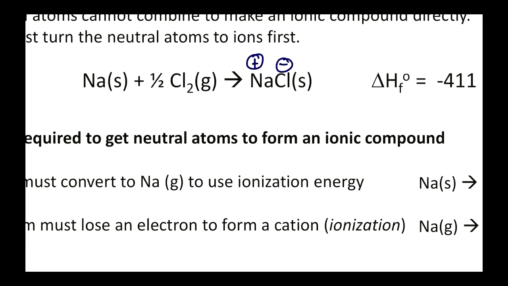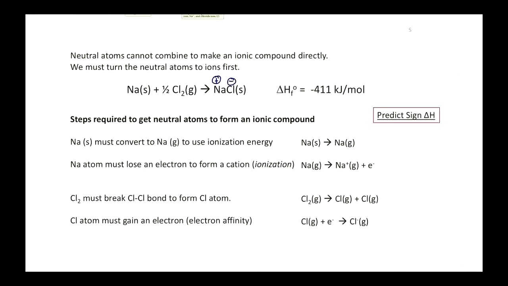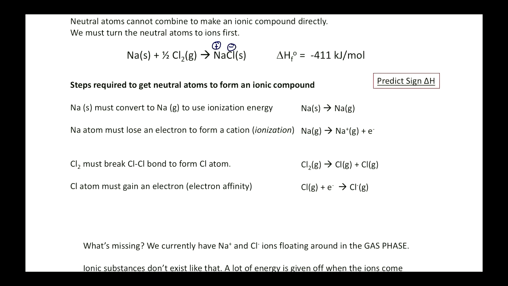We need to turn that neutral sodium into a cation first, and turn that chlorine into an anion, then we can make the salt. We can't go from neutral atoms to ionic salt in one go. So let's think about the steps required to get there. We want to turn that sodium solid into a cation, and that chlorine into an anion.